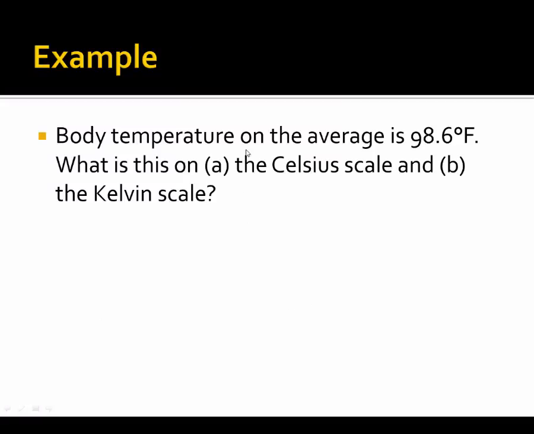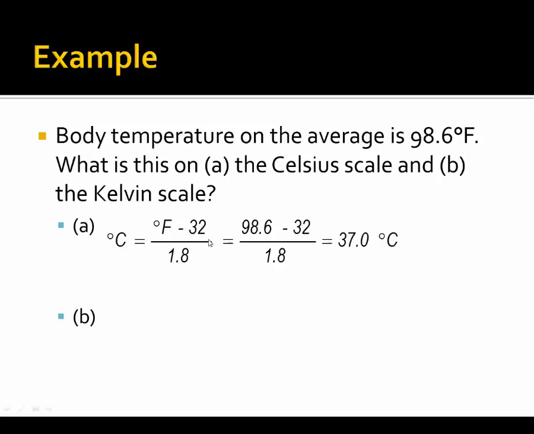So let's go through this example. Body temperature on the average human body is 98.6 degrees Fahrenheit. What is this in the Celsius scale and the Kelvin scale? So let's do the Celsius scale first. We're given our Fahrenheit. Let's plug it in, 98.6 minus 32. And the way that you have to do this is order of operations. Top part first.